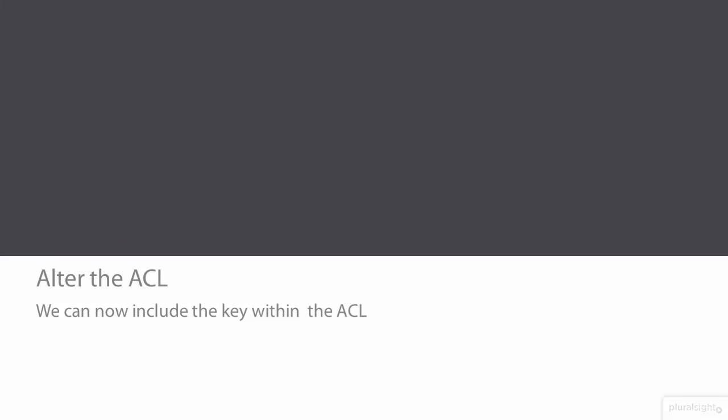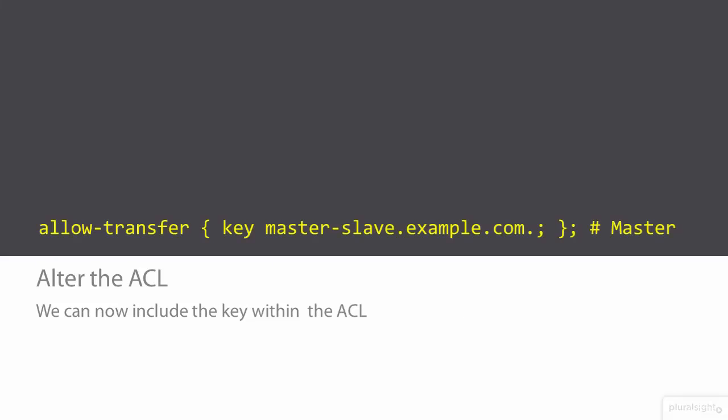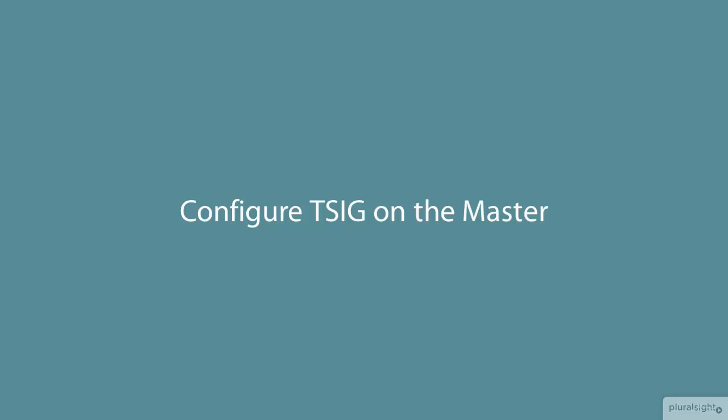We can alter the access control list, and the access control list is now going to read, instead of the IP address, we reference the key. And again, don't forget the dot at the end of the key name. Now, of course, we've still got to set up the slave server so that the slave server has access to the public key. But for the moment, let's just go through and configure the TSIG key on the master Ubuntu server.